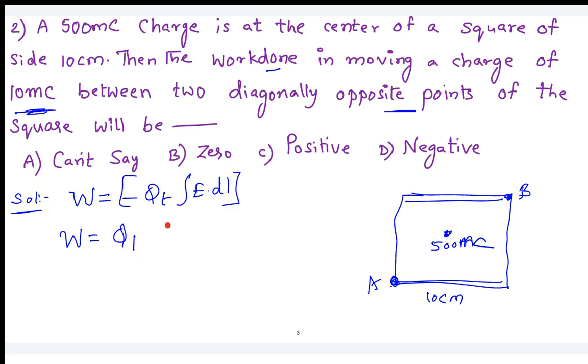When you are integrating from A to B, or B to A, you can move it in either fashion. So this will be the potential difference. Agree, right? The work done you need to do in order to move a charge is the test charge multiplied by the potential difference between these two. So can you tell me what is the potential difference between A and B?